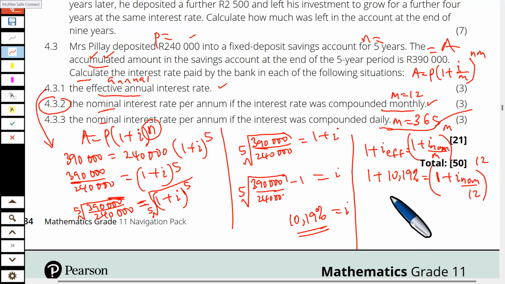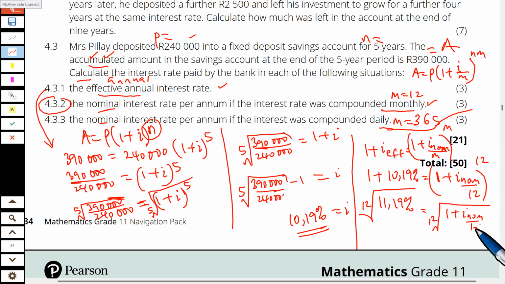you actually add these two things. 10 plus 1 is 11.9%. So you take the 12th root on the left. Whatever you do on the left, you must do on the right, 12th root out of 12. So now you have 12.